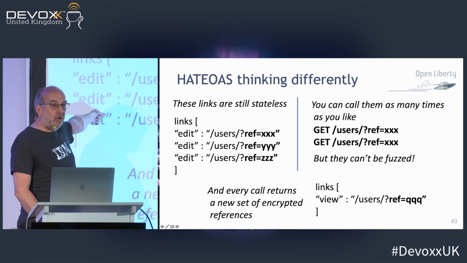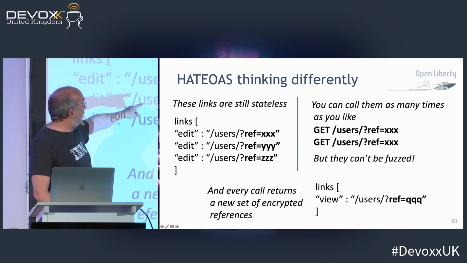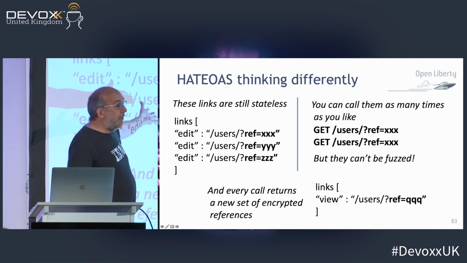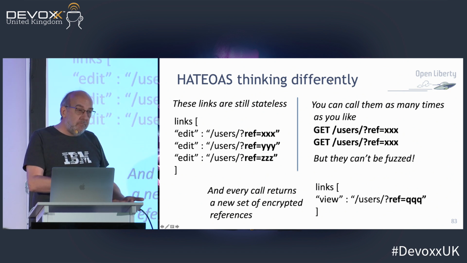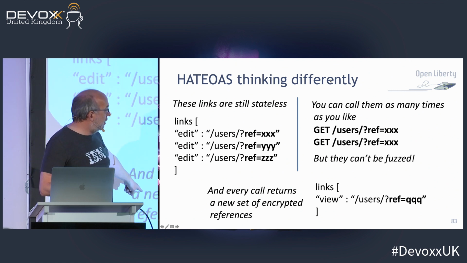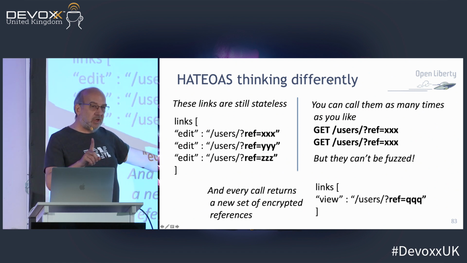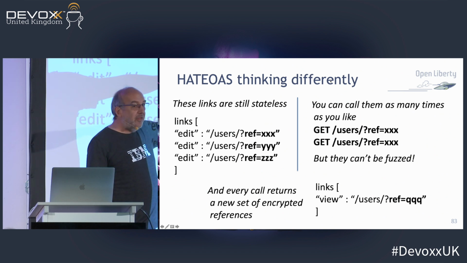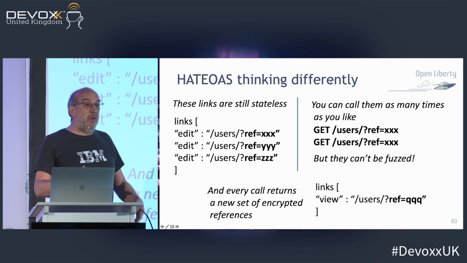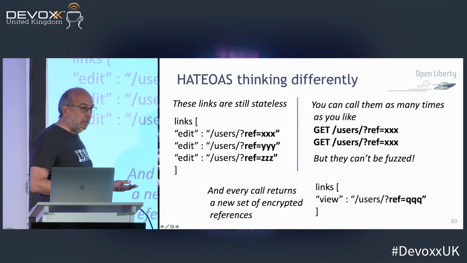I don't know that's user 1 or user 2. I don't have a UID for the user, but I have an encrypted token. Okay? They're still stateless. I can keep calling them, but every time I call them, I get back another link with a different token, and I'll show you what the token's got in a second. The thing is, these can't be fuzzed. I'm not passing in selection data, I'm passing in something opaque. Okay?